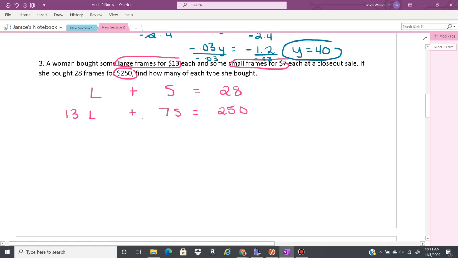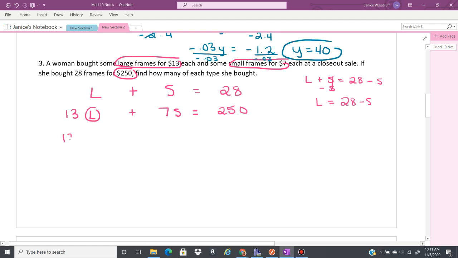So there we can solve, we can use substitution or elimination here. Let's go ahead and use substitution again. So I'm going to take the L plus S equals 28. I will just subtract this S from both sides, and I'm going to get L equals 28 minus S. So I'm going to plug that in for L into this equation right here.